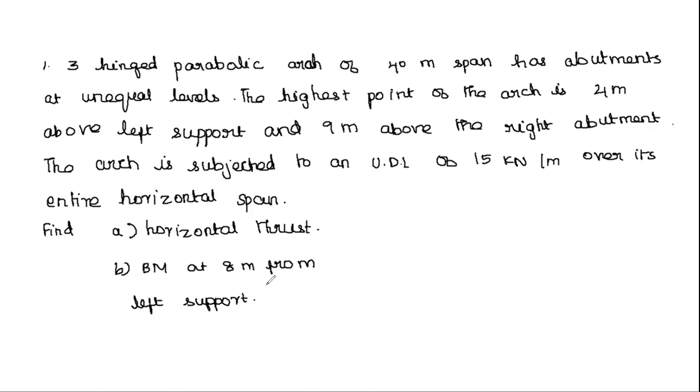So the given data should be in the form of a drawing. The 40 meter span has springings at different levels. The highest point of the arch is 4 meter above the left support. So left support is A. We will draw up to this, which is equal to 4 meter, and 9 meter above the right abutment.